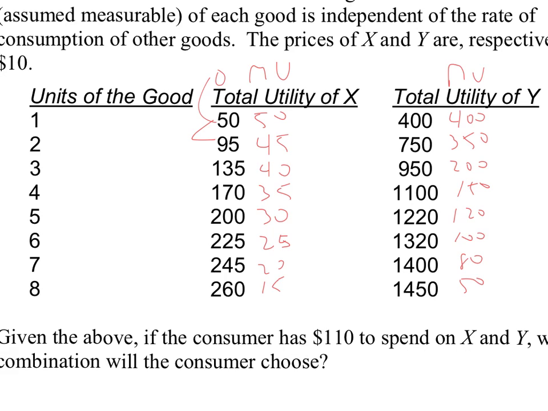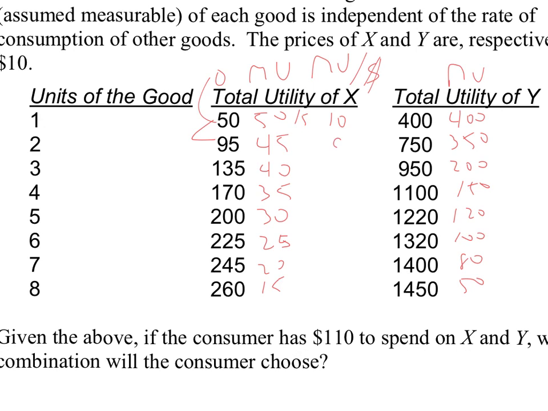So we need a measure of bang per buck. Well, that is marginal utility per dollar spent. Now, the price of good X is $5. So we're going to take marginal utility for each unit of good X and divide by 5. So 50 divided by 5 is, of course, 10.